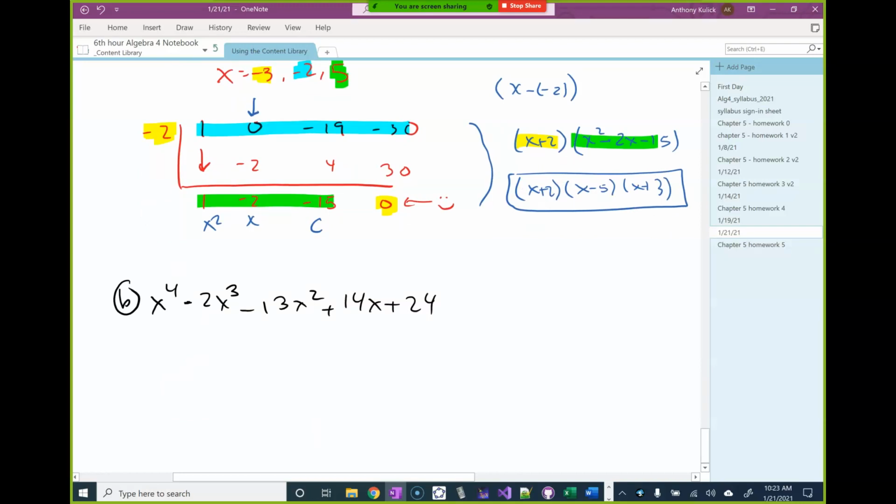To see which one of those factors are going to be the ones that we care about, I'll type this in exactly as it looks on my sheet of paper.